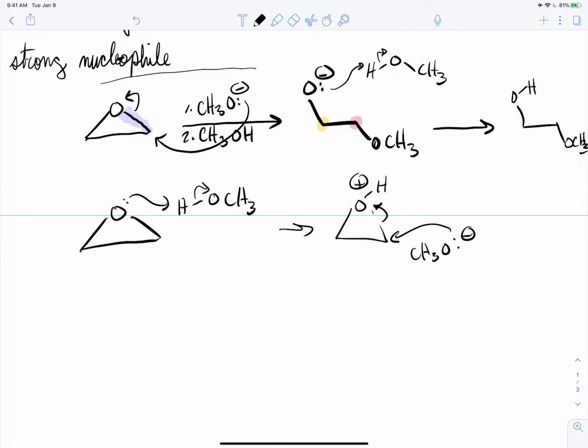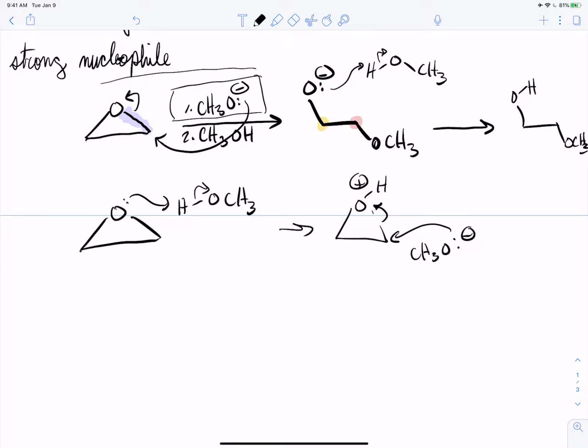I can see why you might think this is reasonable if you're new to the subject, but we don't have very much methanol present in the first step. If any, basically we have none, right? Because we're using methoxide, so that doesn't exist, so don't make that mistake.